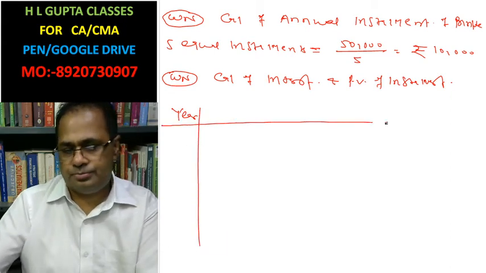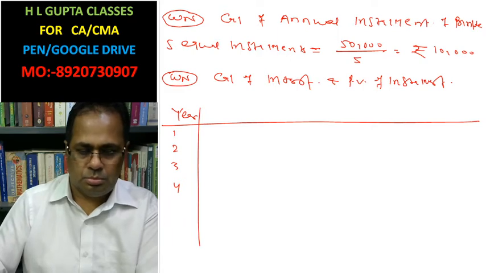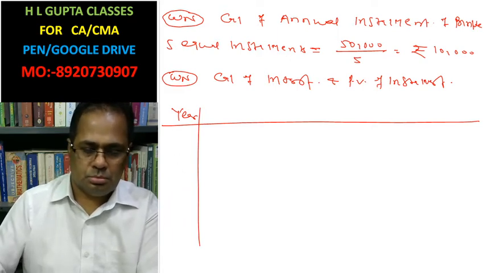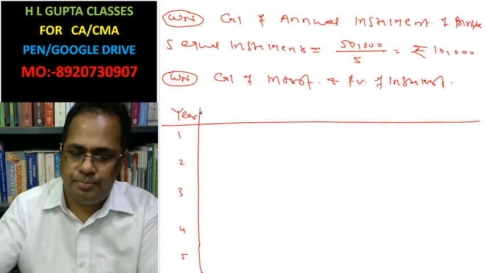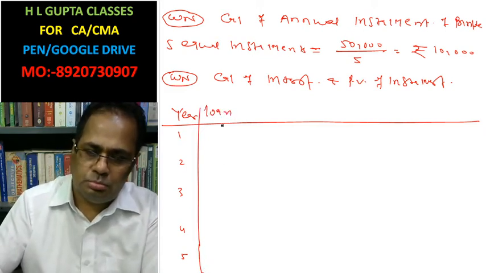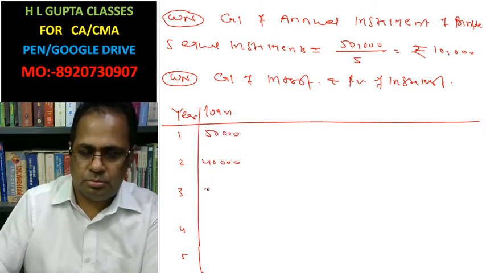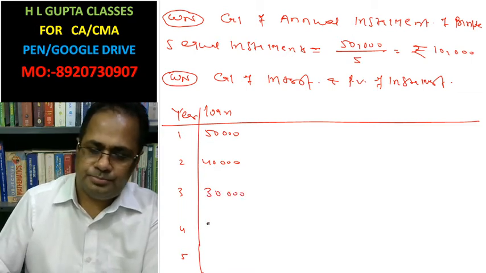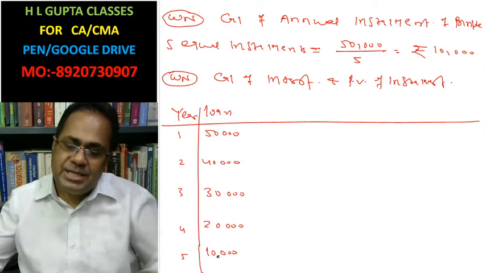This is year 1, 2, 3, 4, 5. The loan is 50,000, 40,000, 30,000, 20,000, 10,000, because each year we pay 10,000.